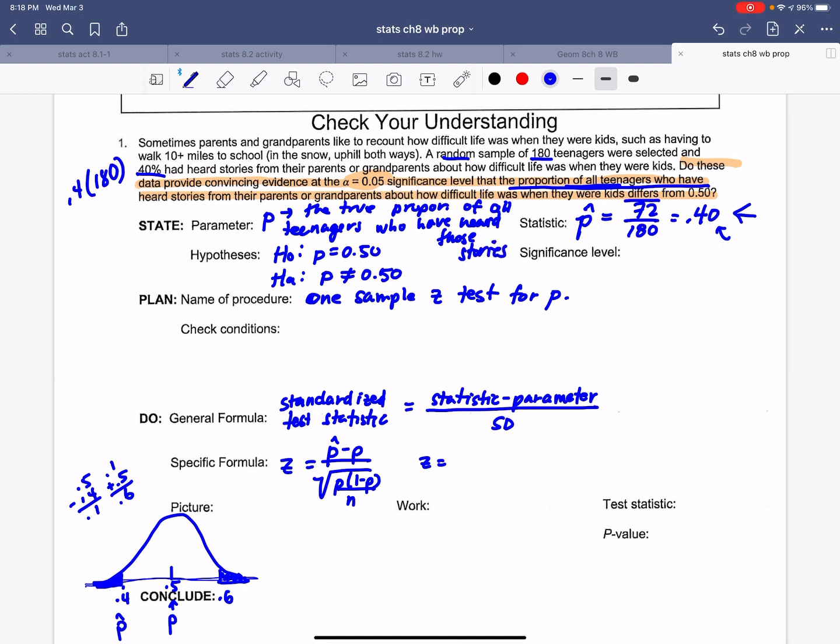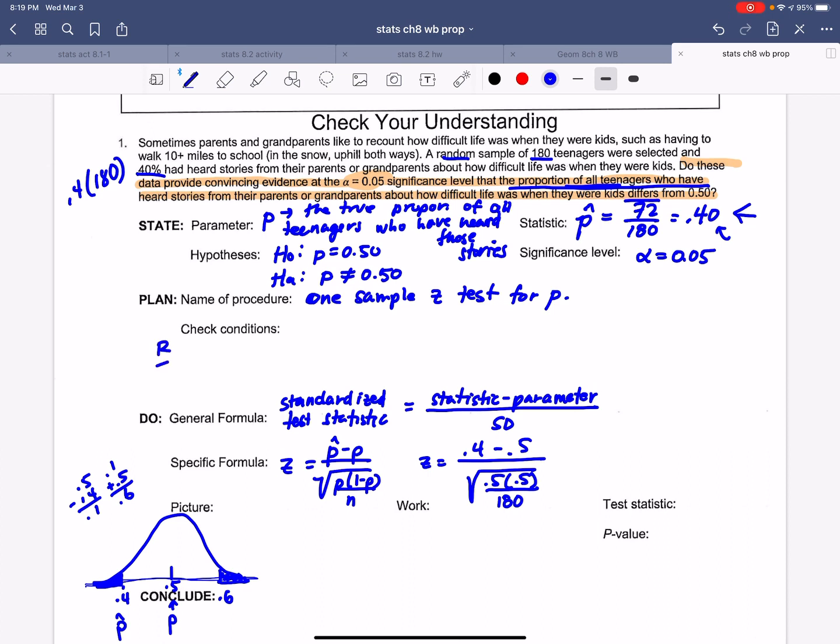Okay. And our significance level, we're going to use pretty much our default. So we know the information we're going to type in our calculator, right? 0.4 minus 0.5, and we use the p-hat, so 0.5 times 0.5 over 180, square root of the whole thing. Okay, but we can't really use normal distribution calculations unless we check our conditions.